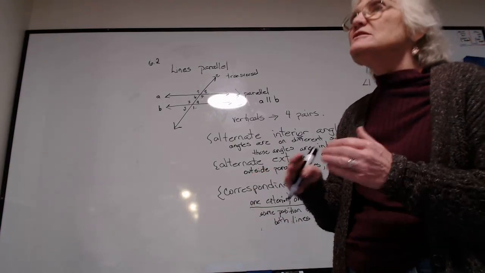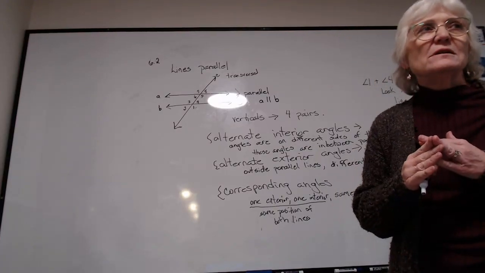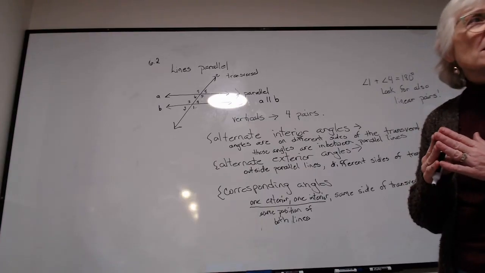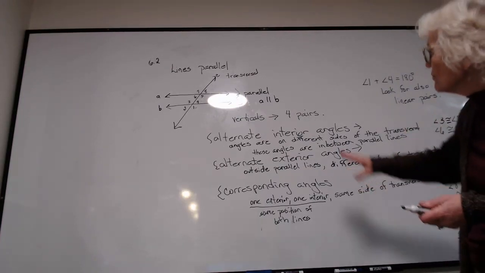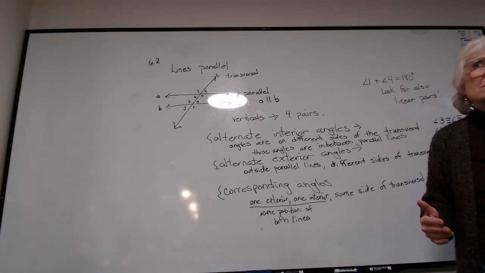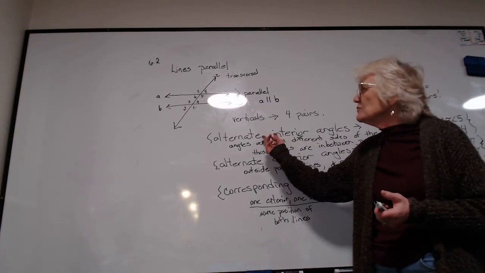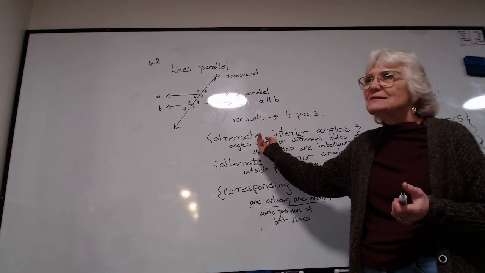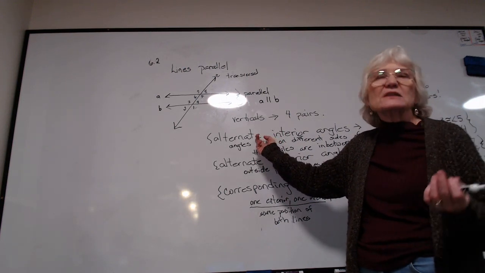Now, if I want to prove that these 2 lines are parallel, I have to prove that one of these sets works. So if I prove that two alternate interior angles are equal, then that will tell me that the lines are parallel.